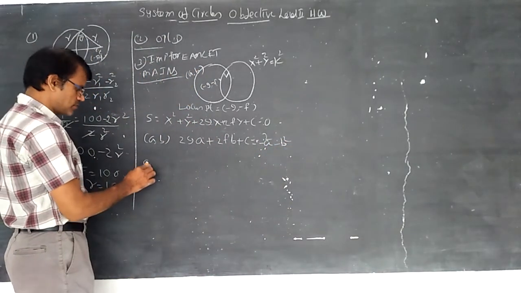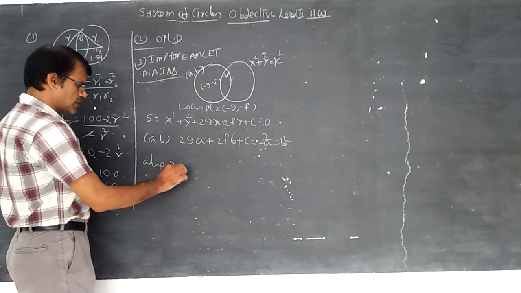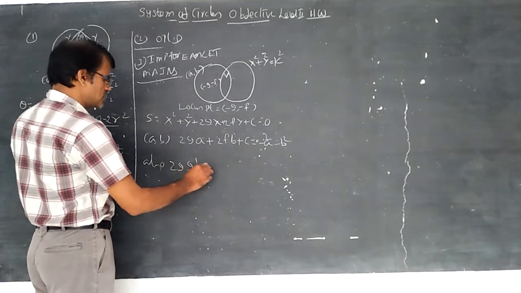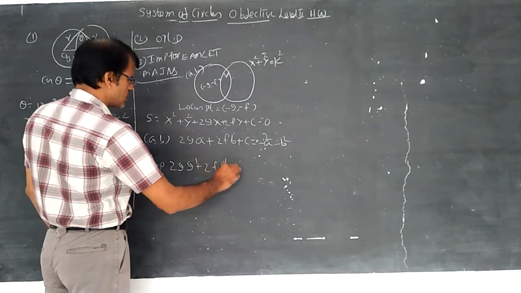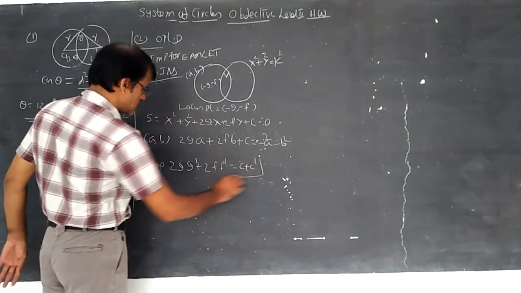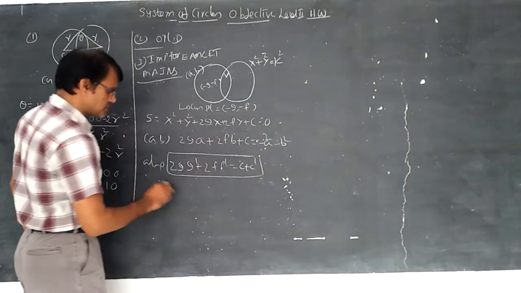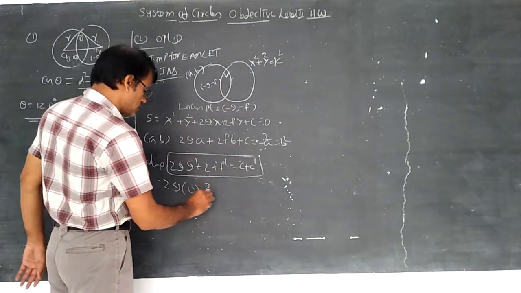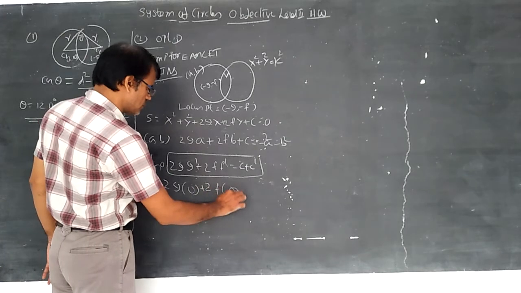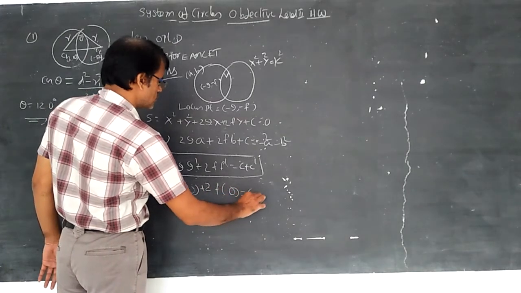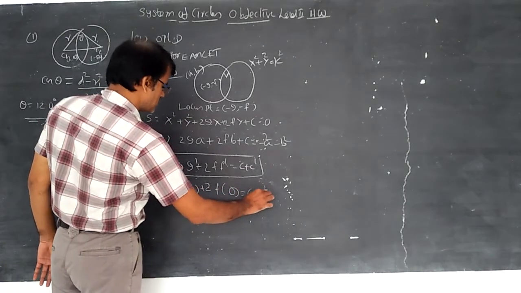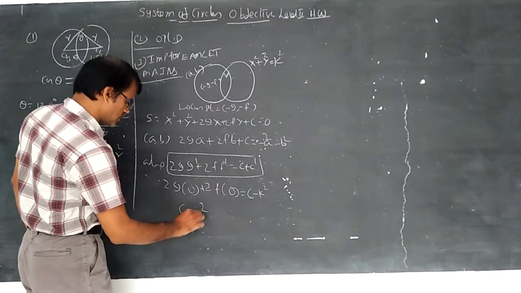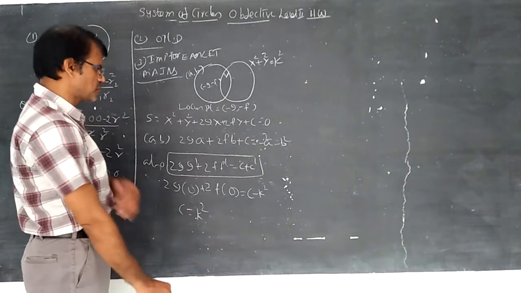Also apply the condition 2gg dash plus 2ff dash equal to c plus c dash. 2g means here 2g only, there it becomes 0. And 2f into there it is 0 is equal to c minus k square. So here you can write c is equal to k square.